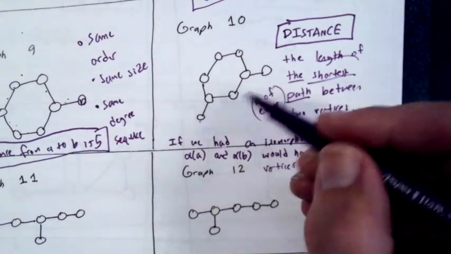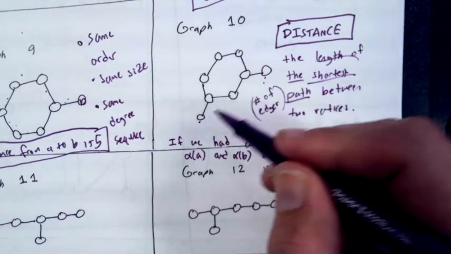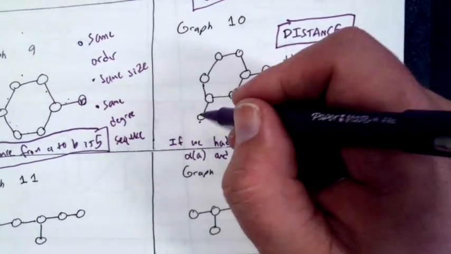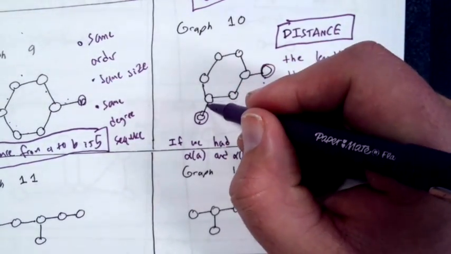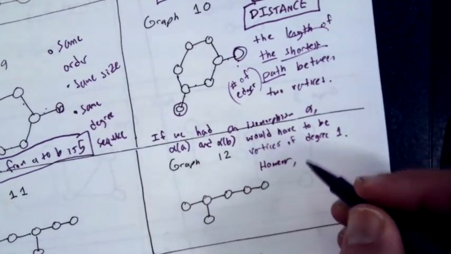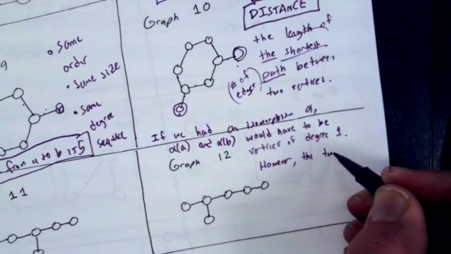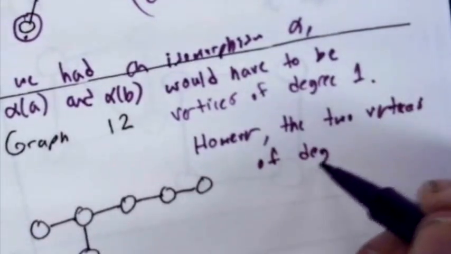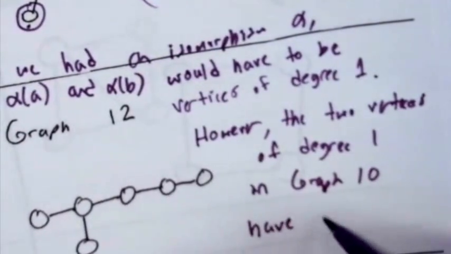Well, I have two vertices of degree 1 in this graph, but the distance between these two is 1, 2, 3, 4. However, the two vertices of degree 1 in graph 10 have a distance of 4.